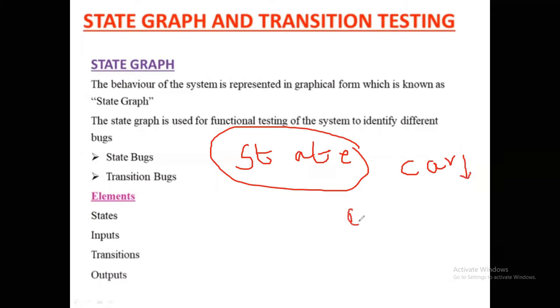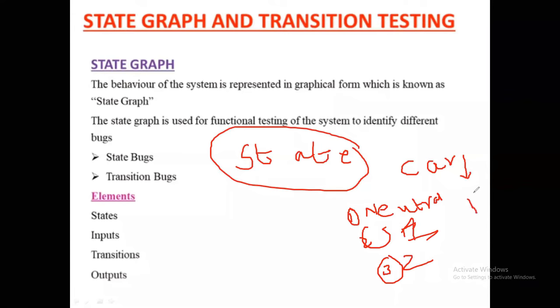First one, maybe it is neutral. Second one, maybe first gear. Maybe second, third gear, and fourth gear, and fifth gear. And another state is reverse.